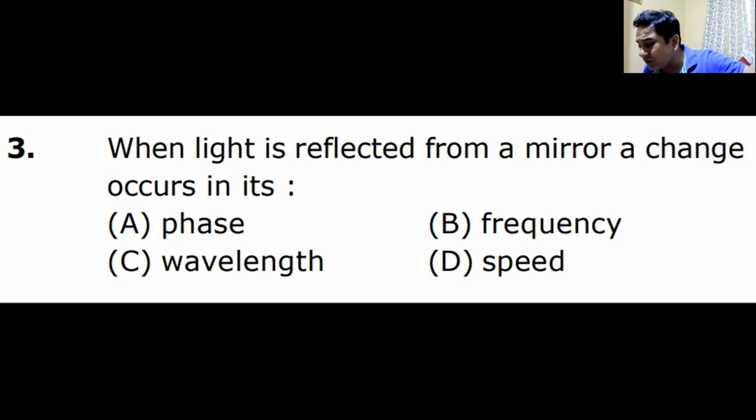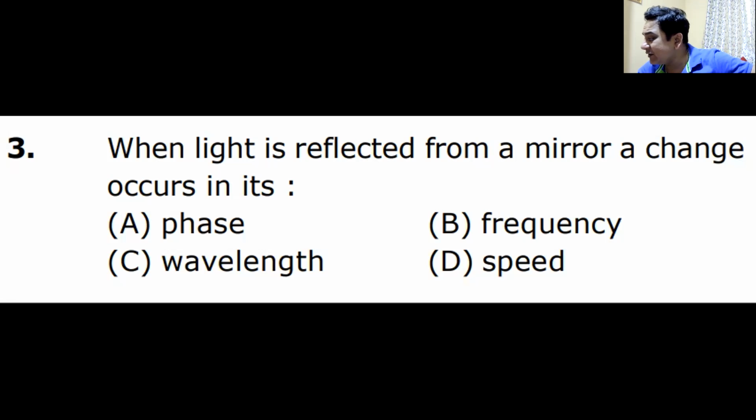A, B, C, D, 1, 2, 3, 4, and the answer is... no one knows the answer. 1, 2, 3, 4. What is the answer? What changes?